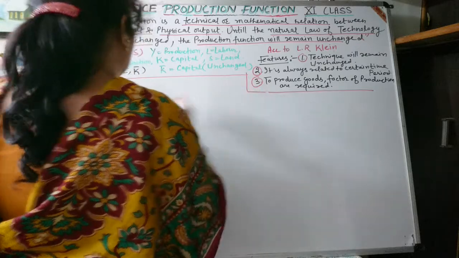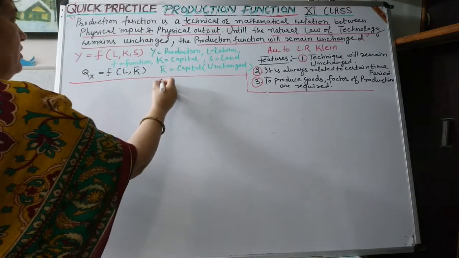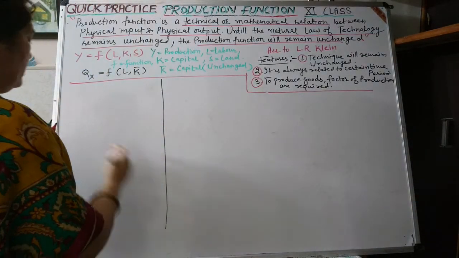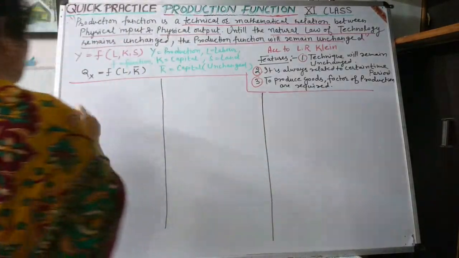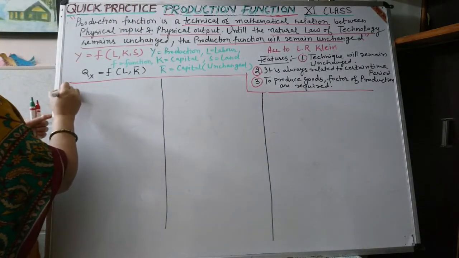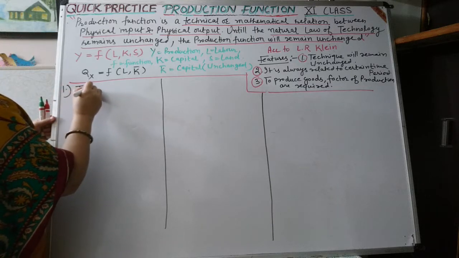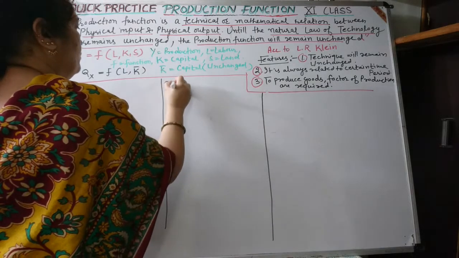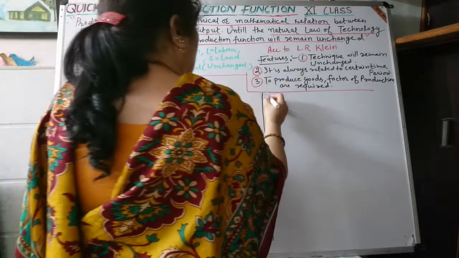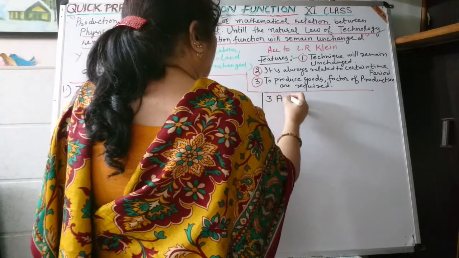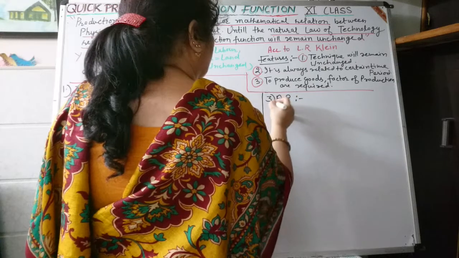Now let us clear the concepts. Number 1, what is meant by total production. Number 2, what is meant by marginal production. Number 3, what is meant by average production.